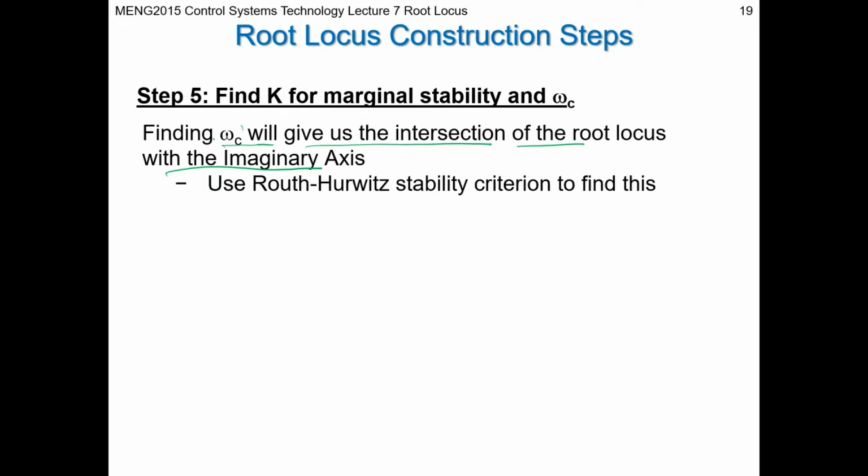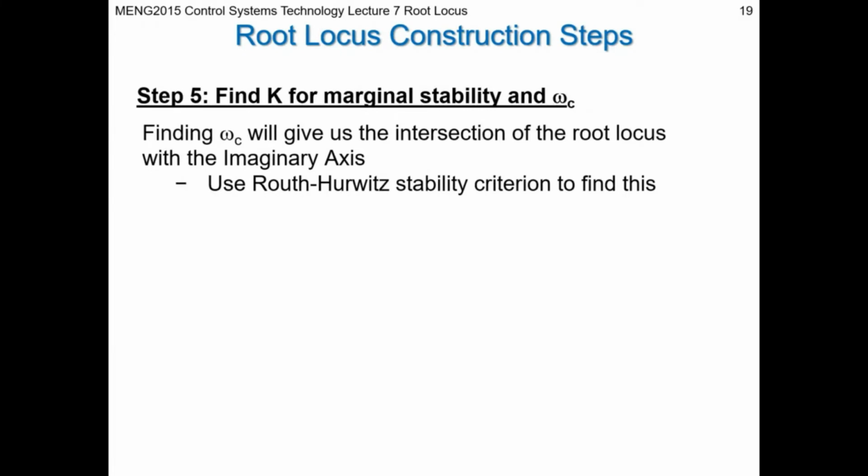Right, so that value, omega c, is the intersection between the root locus and the imaginary axis. And we already have a method in our toolkit for finding the value of k gain that gives us this marginal stability and the corresponding natural frequency.